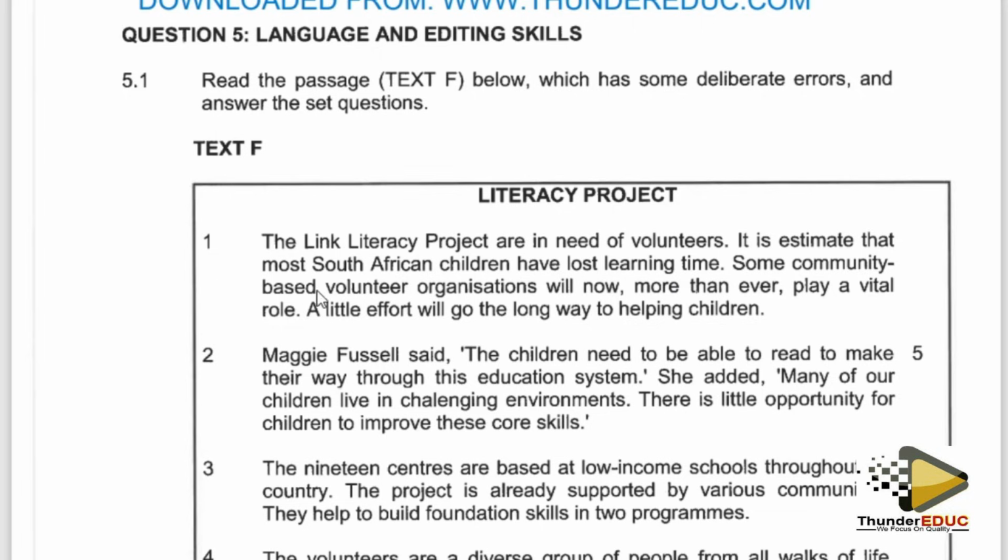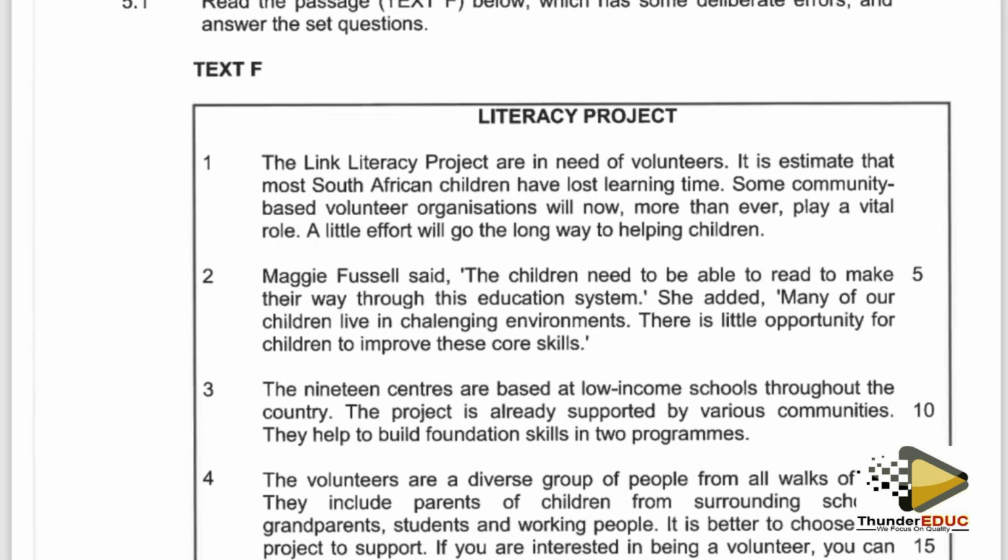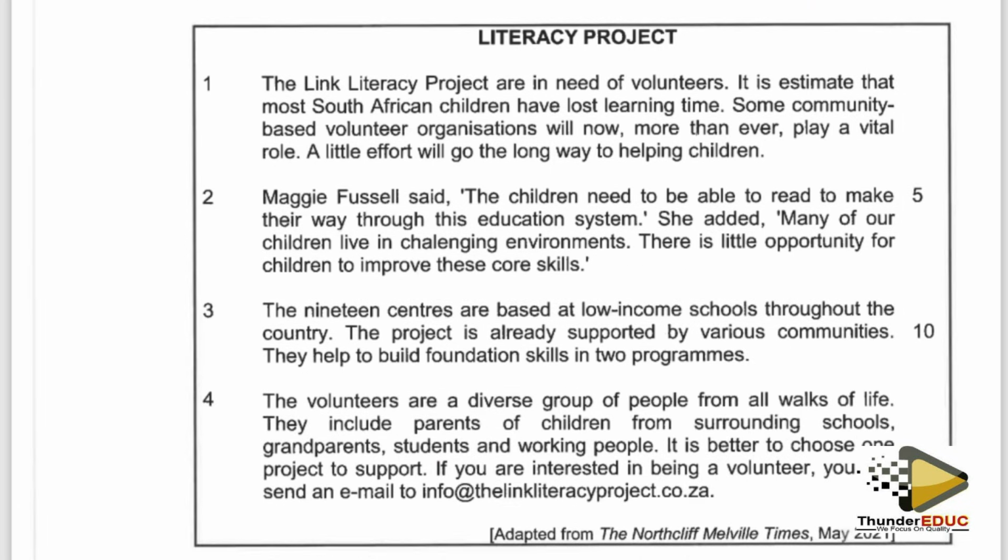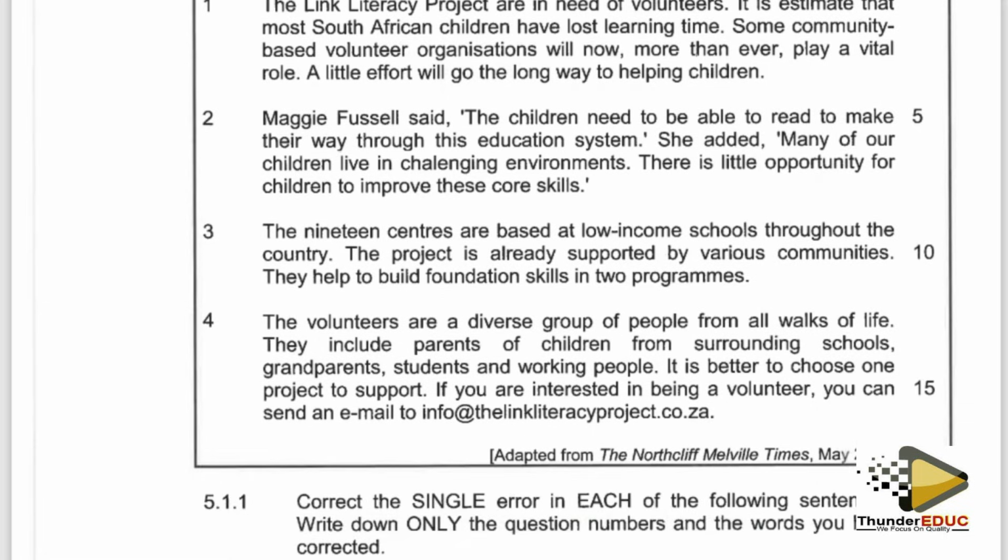Some community-based volunteer organizations will now, more than ever, play a vital role. A legal effort will go the long way to helping children. Maggie Fuzzle said, the children need to be able to read to make their way through this education system. She added, many of our children live in challenging environments.